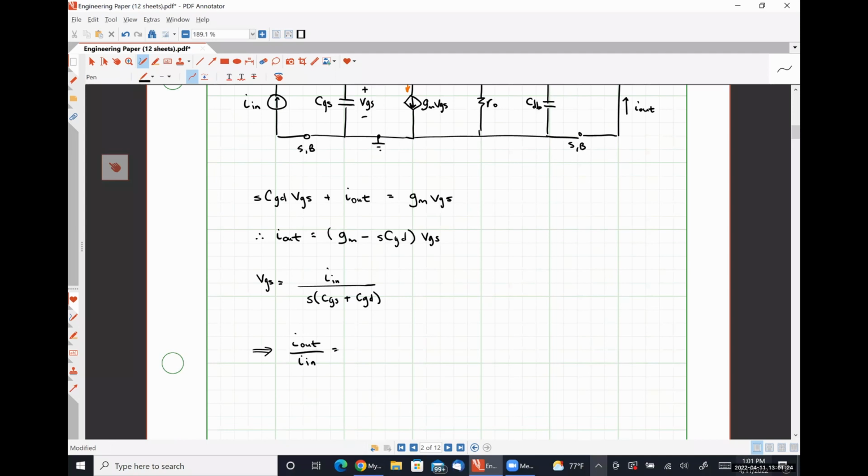This is going to look like gm minus s CGD divided by s times CGS plus CGD, or approximately gm over s times CGS plus CGD.